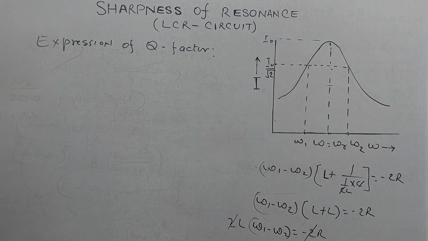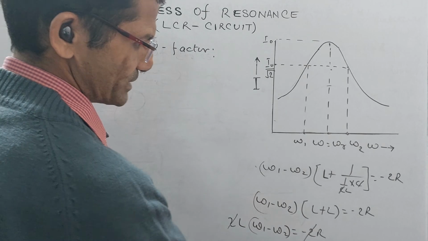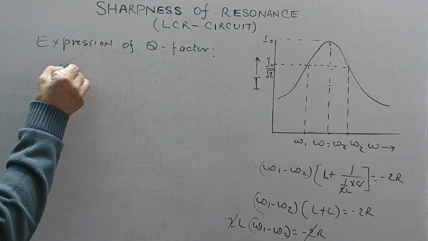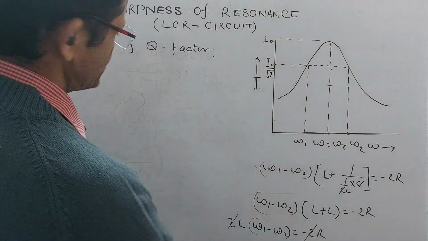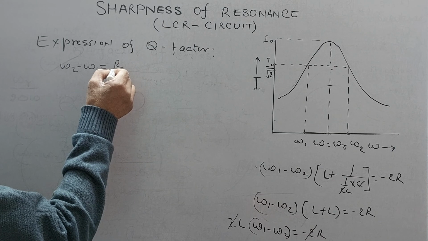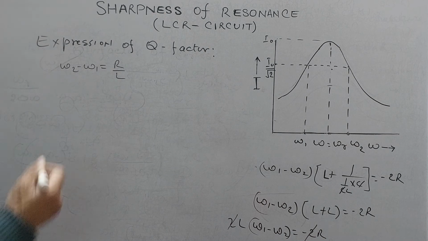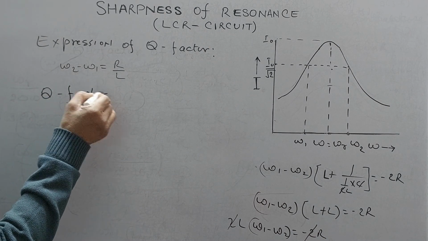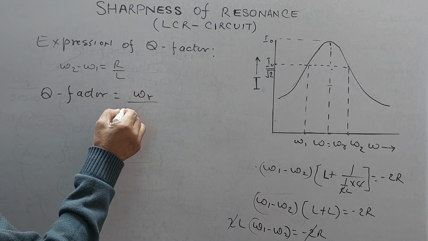Now from our last expression, omega 2 minus omega 1 is equal to R divided by L. This is the expression for twice of the bandwidth, and we know that the quality factor, or Q factor, of this series LCR circuit is equal to resonant frequency divided by twice of the bandwidth.